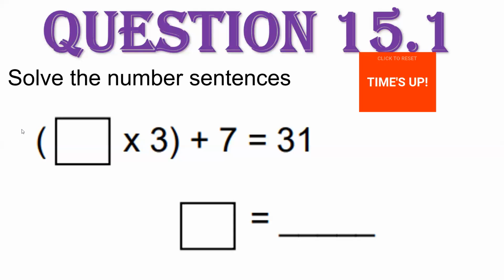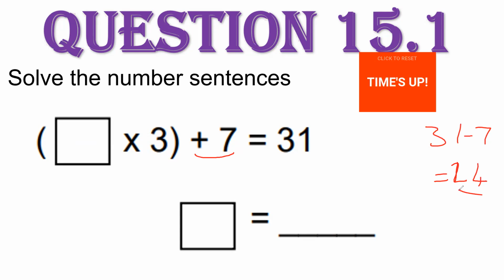Okay, time's up. So let's answer together. For this kind of question, what are we going to do? As you say, you have a box, we don't know what number, times by 3 and plus 7, you are getting 31. It means you add 7, so this 7 changes with minus. 31 minus 7, what are we getting? 24, right?